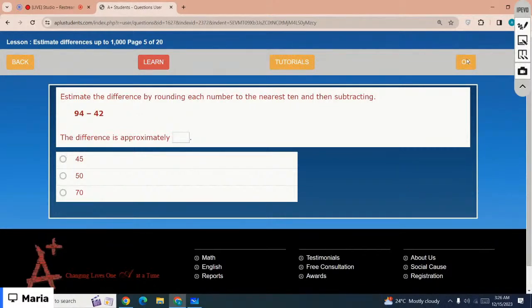Okay, estimate the difference by rounding each number to the nearest 10 and then subtracting: 94 minus 42.